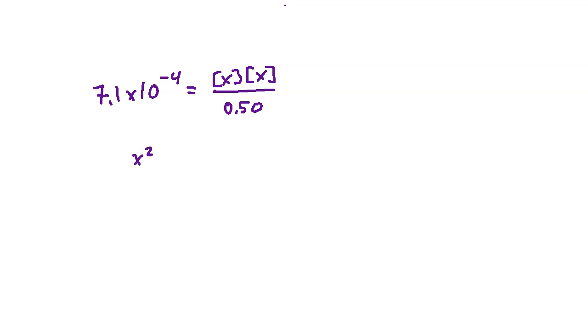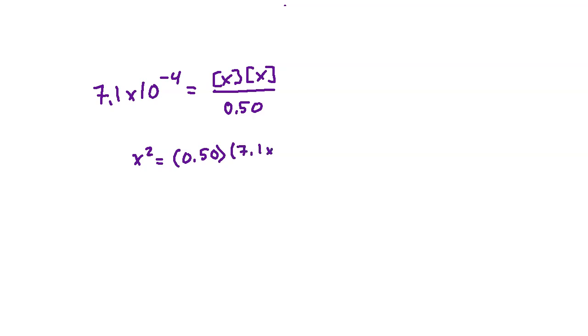All right, so with that assumption in place, we can now turn around and say that the Ka, 7.1 times 10 to the negative fourth, is going to be equal to x times x, so we'll get an x squared there, but now I can drop the minus x. So it's just going to be 0.5 at the bottom. This becomes much easier to solve mathematically when I don't have to use a quadratic equation. So now I can just solve for x by doing some algebraic rearrangement to begin.